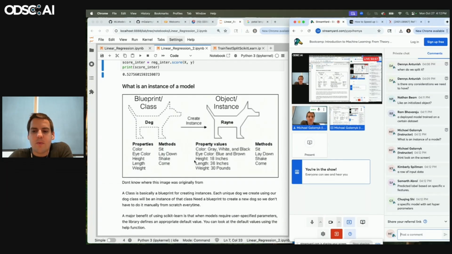Yeah, so what Mr. Shi said, a specific model with set hyperparameters, absolutely.